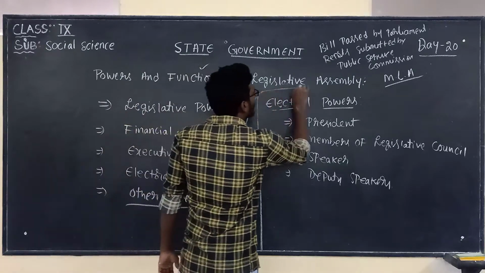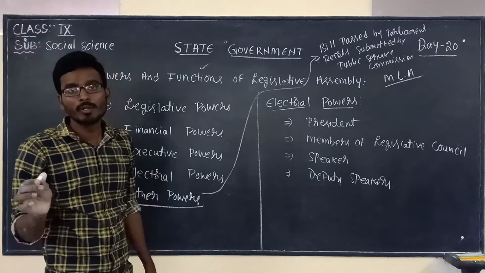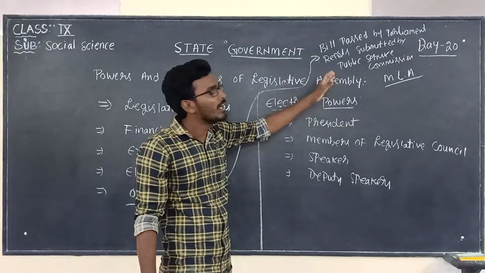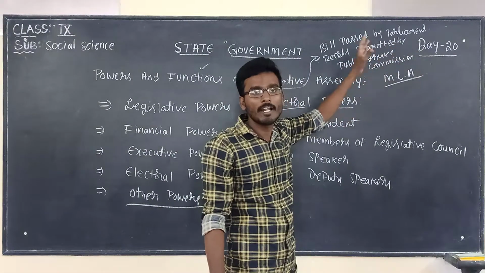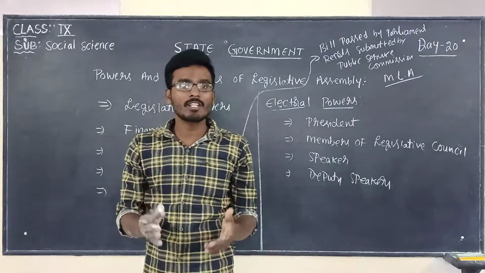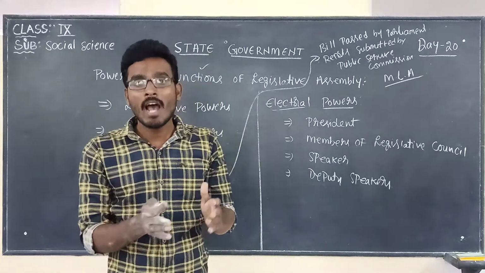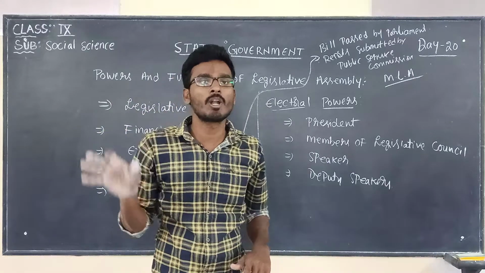If the question asks what are the other powers of a legislative assembly, you can write: Legislative Assembly can hold meetings on the bill passed by the Union Parliament and reports submitted by commissions like Finance Commission, Planning Commission or other important commissions over the particular state government.